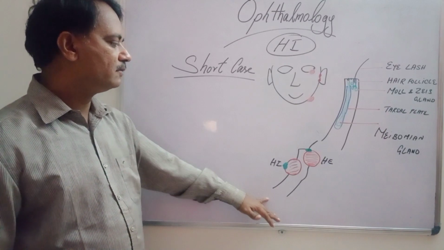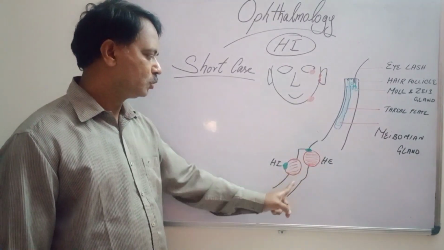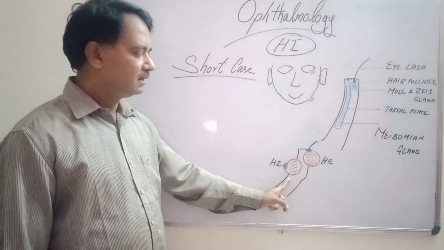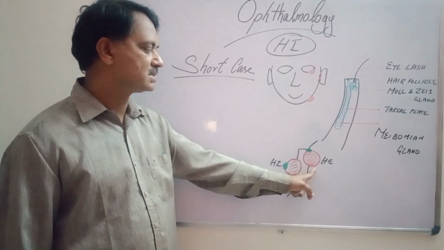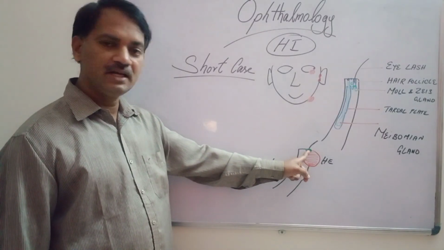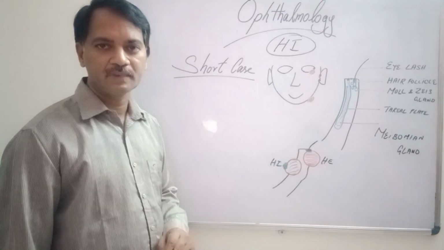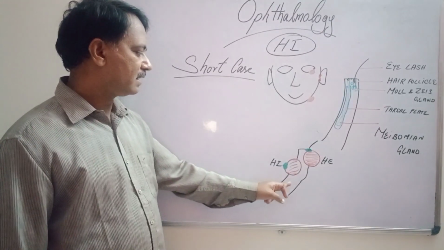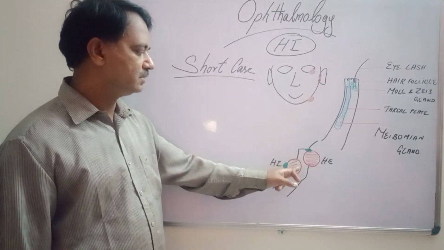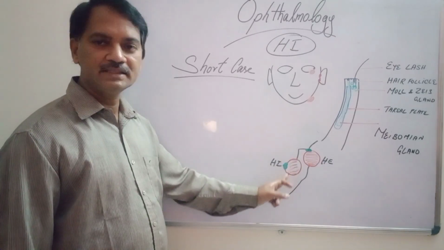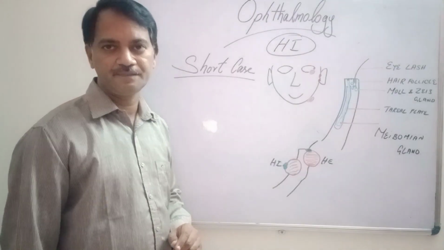Here I have drawn the lid with two swellings. The first swelling we have already seen in hordeolum externum or stye, which is close to the lid margin on the outer aspect of the lid. Here I have drawn another swelling, which is close to the palpebral conjunctiva, somewhat away from the lid margin.